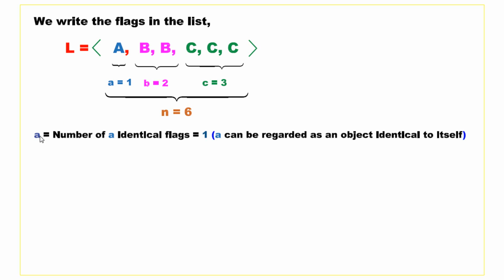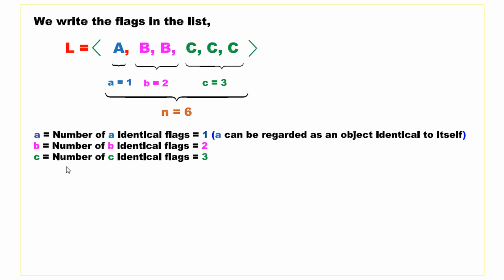And we say that n_A is the number of A identical flags, and that is equal to 1, regarding that flag A is identical to itself. Now n_B is the number of B identical flags, and that is 2, and n_C is the number of C identical flags, and that is 3.